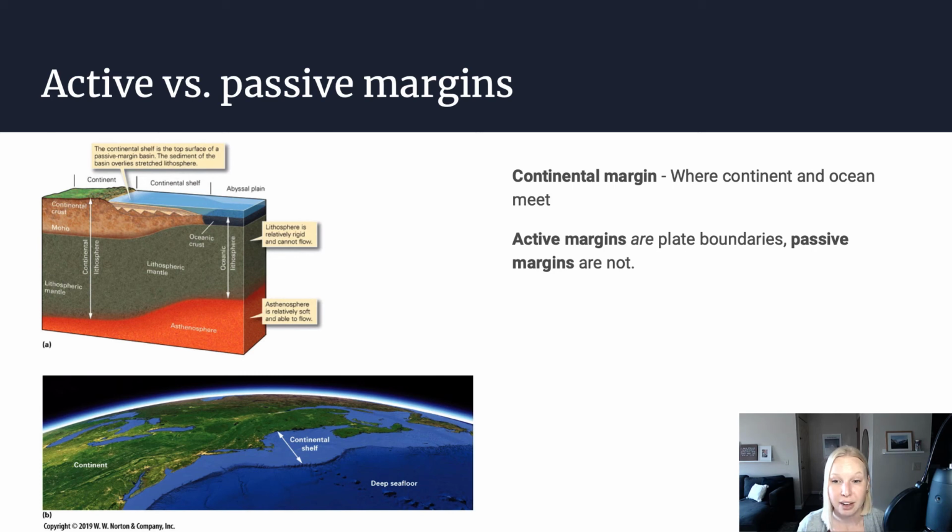So you can have a continental margin where you have continent meeting ocean, and it's passive because there is no tectonic action happening there. There is no plate boundary at that location. You can also have active margins where you actually have subduction or divergence or transform slip occurring. And that's what we would call an active margin.